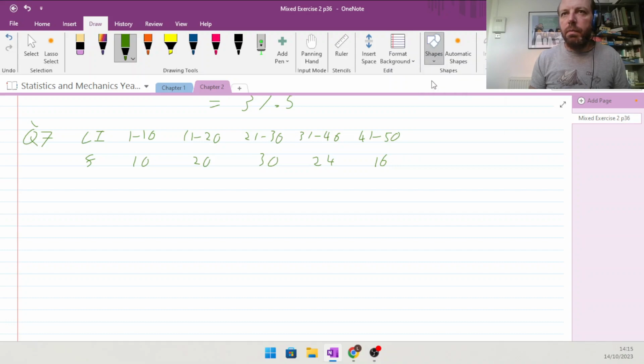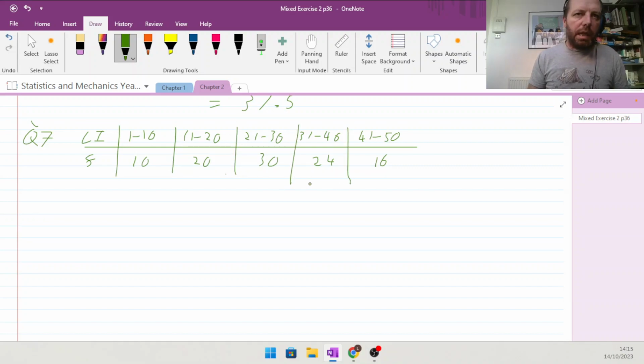Okay, so it's saying use interpolation to estimate the value of the 30th percentile.